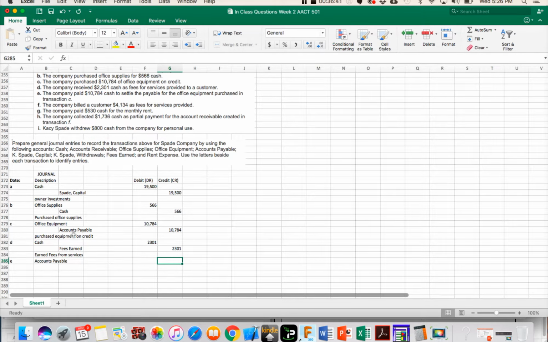If you want to get rid of a debt and you've paid it off, you would just show an offsetting amount going on the other side of the balance here. So instead of being a credit, it now goes on the debit side, and that reduces the account to 0. Then here on the credit side, that would be cash going down, because obviously that is what I used to pay off the payable.